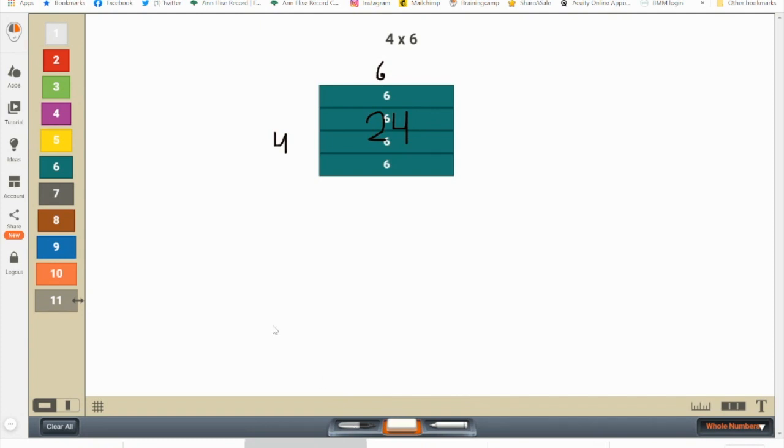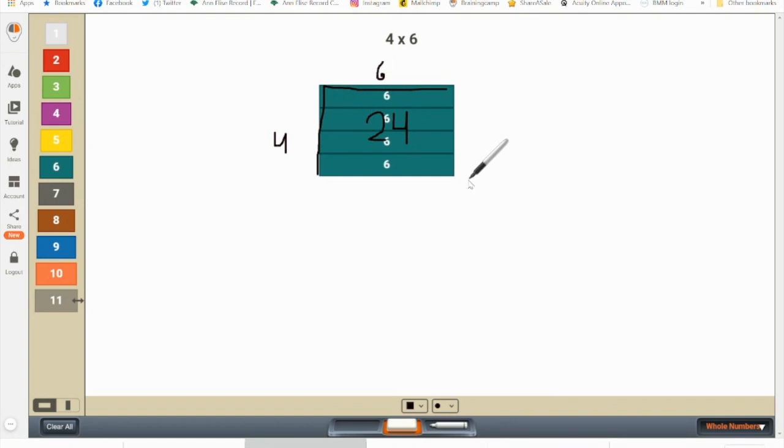What that means is that we're going to start with the 24. We're going to divide it by 4 to see what this missing factor is, right? But think about the division sign. Within here, we have the total amount, which is the area. Every multiplication problem will result in a rectangle.